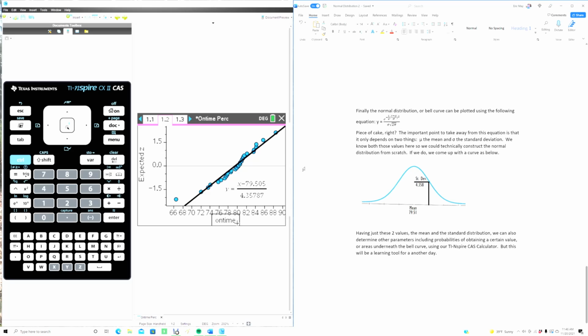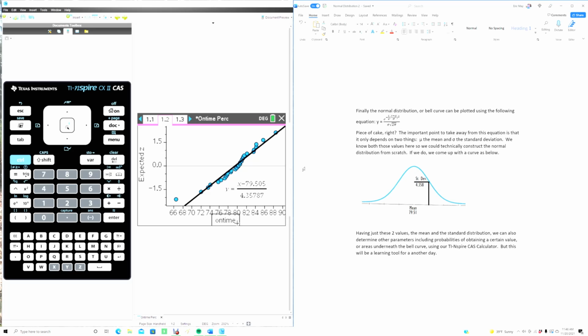Finally, the normal distribution or bell curve can actually be plotted itself using the following equation, y equals, and there's that mess. Piece of cake though, right? The important point to take away from this complex equation is that it only depends on two things: the Greek letter mu, which is used to represent the mean, and sigma, which is used to represent the standard deviation.